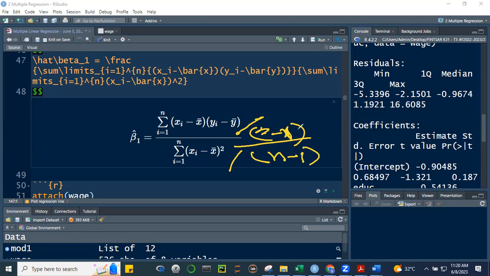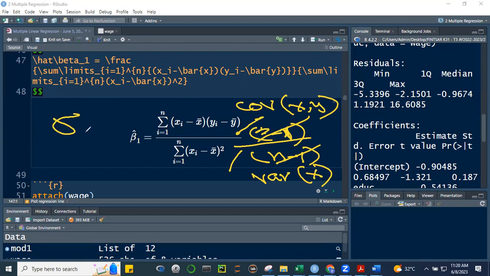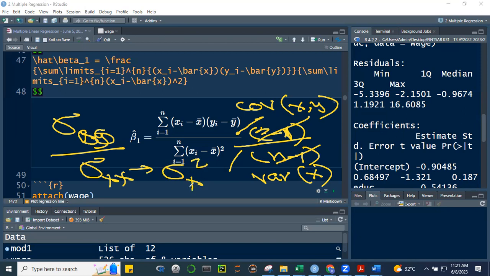So this is n minus 1, n minus 1, so this cancels out. The formula is still the covariance of X and Y divided by the variance of X. Notice there's no squared here, because this is X and Y, and then the variance of X can be written as the covariance of X and X, so double X there, or it can be written as the variance of X, just a single X, squared.